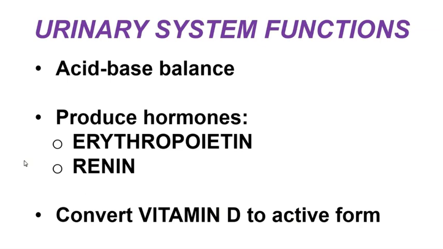So low blood pressure means high renin being released from the kidney, and renin works through that renin-angiotensin-aldosterone mechanism to raise blood pressure. We also see the kidneys functioning in a capacity to convert vitamin D to its active form. So recall that the skin produces an inactive form of vitamin D, and the kidneys put essentially the finishing touches on finalizing that vitamin so that it is activated and ready to use by the body.